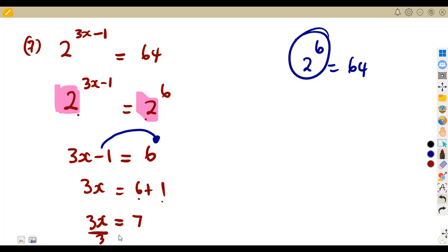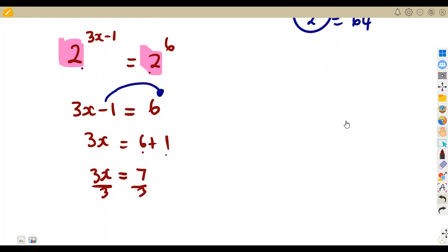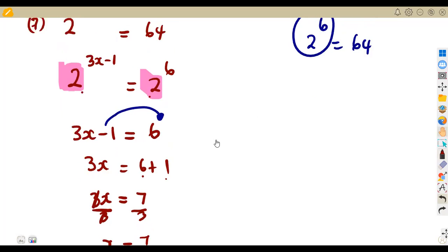To find x, simply divide. The 3 will cancel, and x is going to be 7 over 3. This is the value of x that satisfies the equation we are given.